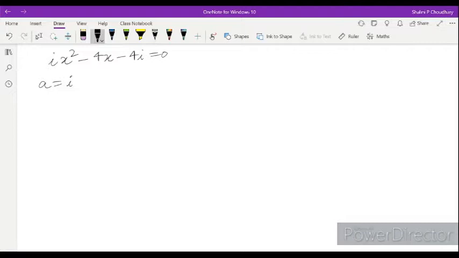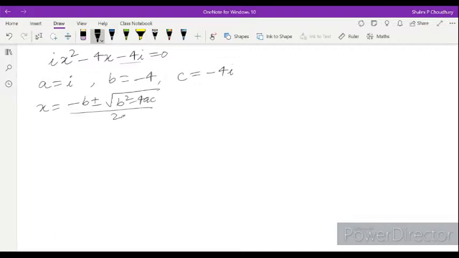Because x square का जो coefficient है that is a, and b क्या है? x का coefficient that is minus 4. And c क्या है? 4i का, I mean c is here. So minus 4i. Now x का value will be minus b plus minus square root of b square minus 4ac divided by 2a. Okay, we'll put the values.